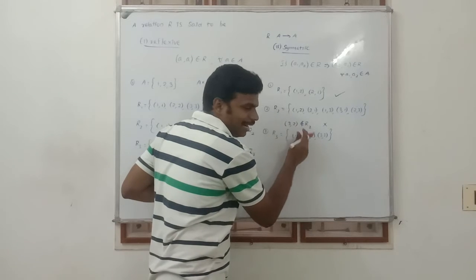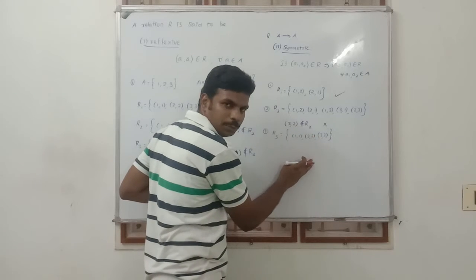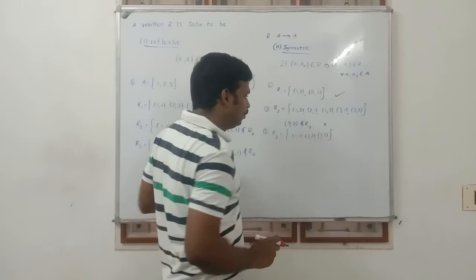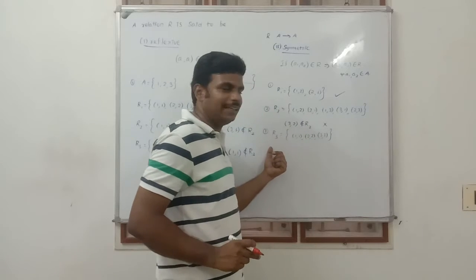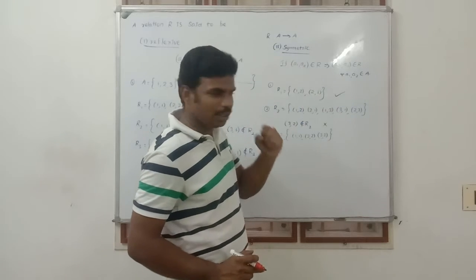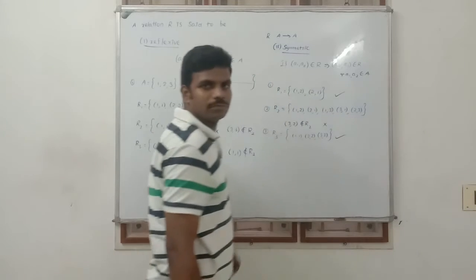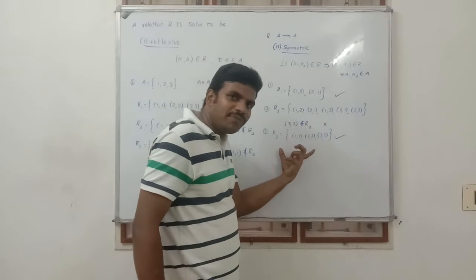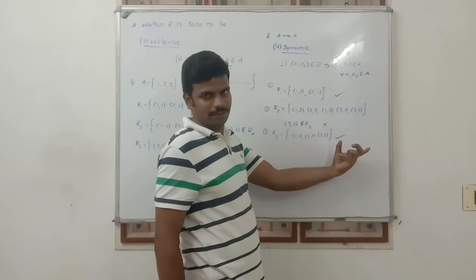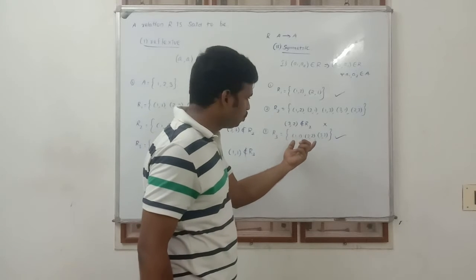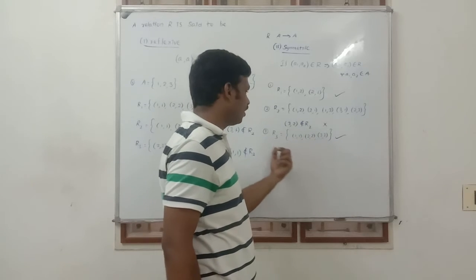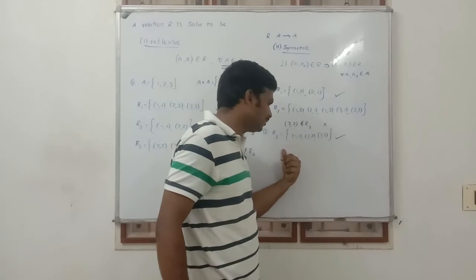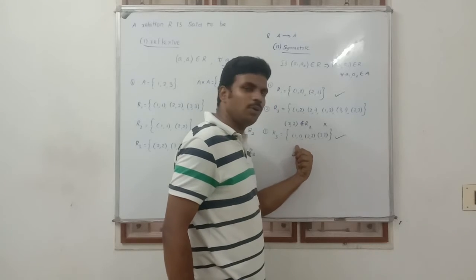Similarly, if you take (2, 2), again we have (2, 2), and if you take (3, 3), again we have (3, 3). So for all elements in the relation, it satisfies the symmetric concept. Therefore, it is symmetric. We can also say this relation is reflexive, because we have (1, 1), (2, 2) and (3, 3). The condition for symmetric is also satisfied. Therefore, R3 is called reflexive and symmetric.